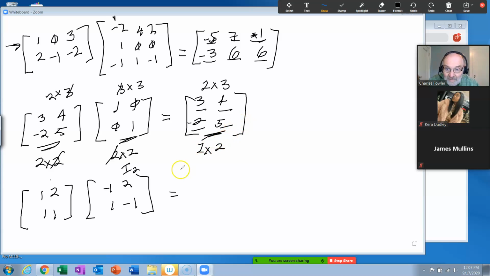Now, this is a 2 by 2. This is also a 2 by 2. And because these two entries are the same, our product matrix is going to be a 2 by 2.